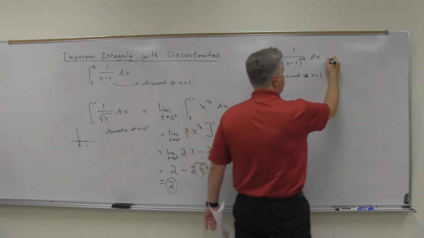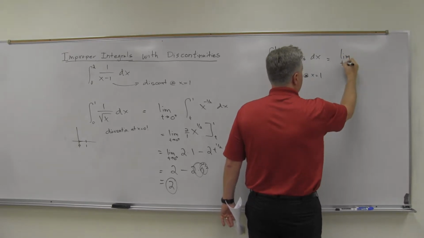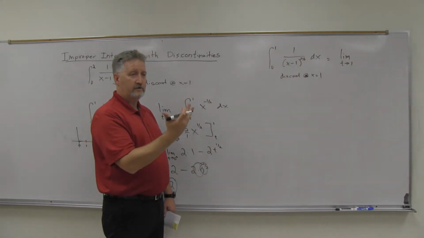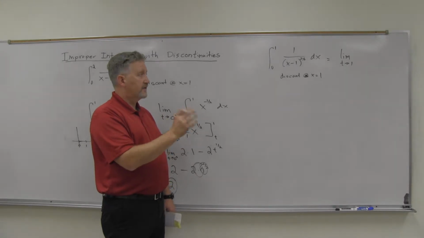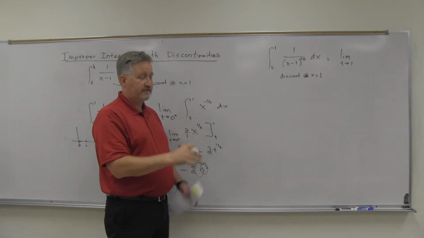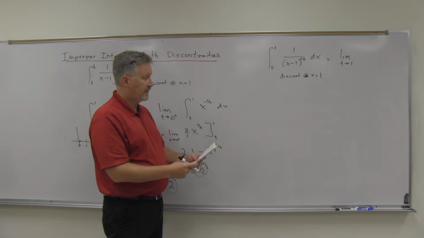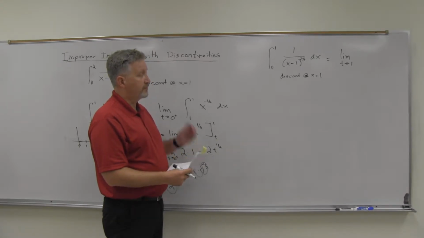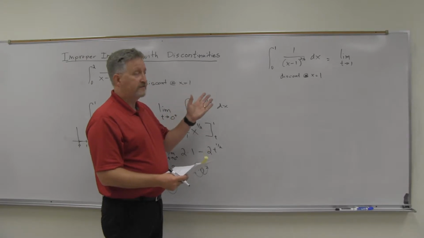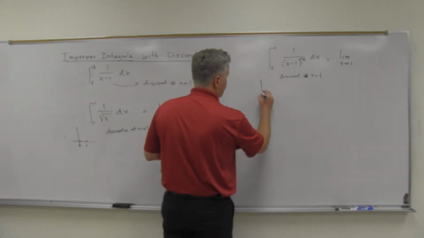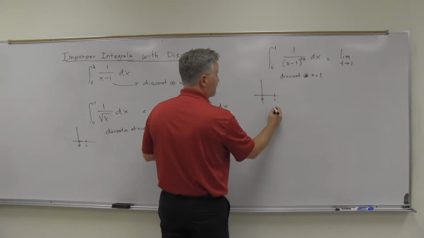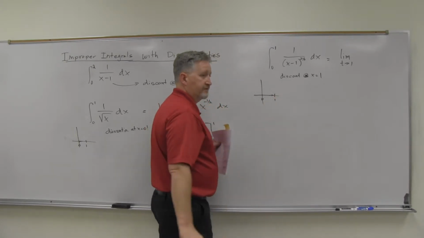And so that's what t needs to go to, the 1. Now, is that from the right or left? Like I said, on these discontinuities, you need to determine that, because sometimes it makes a difference. It may not here, but at some point it will. I'm going from 0 to 1, so I need to approach 1 from the left, don't I?